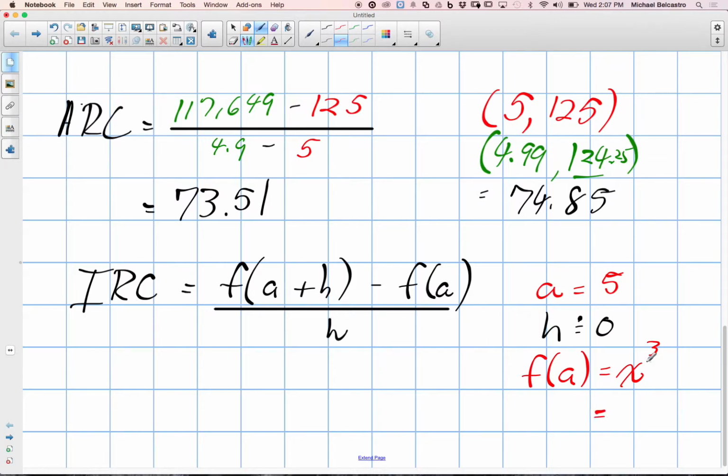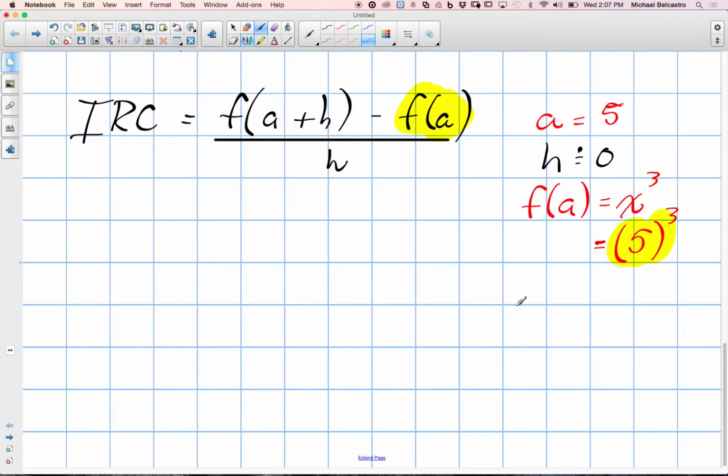And we can write it, and this is what's important. I'm going to write it like this, 5 cubed. So I'm not going to solve it. I'm actually going to just plug that, 5 cubed, in for our f at a. From there, our other formula would be f at a plus h. Okay, that would be our 5 value again, plus h this time.